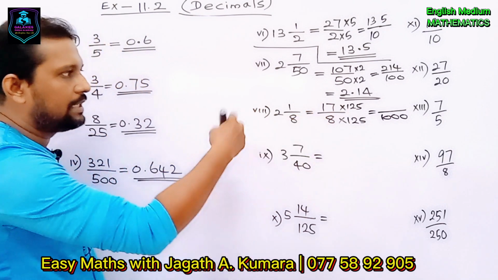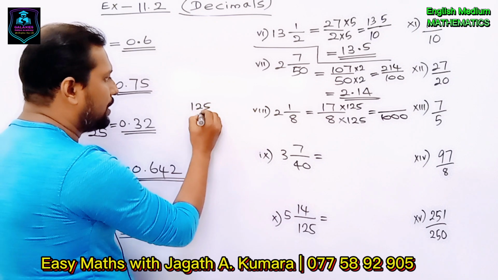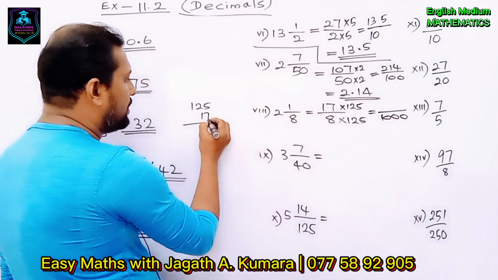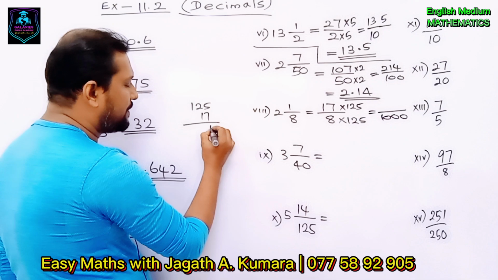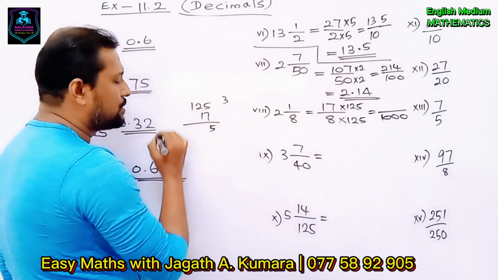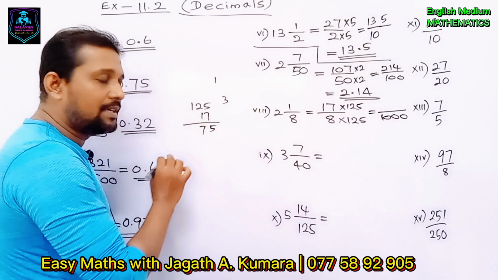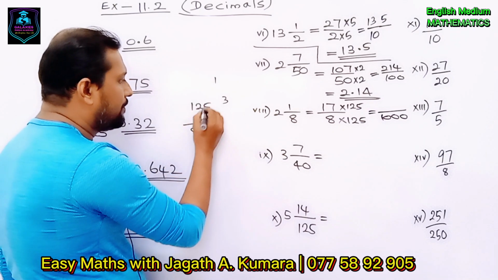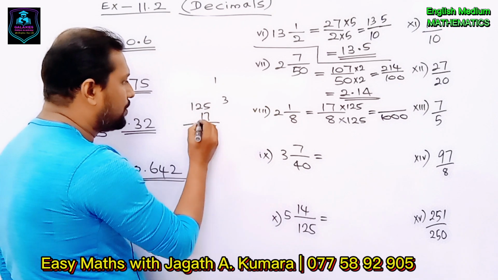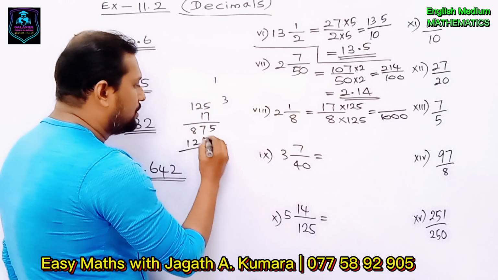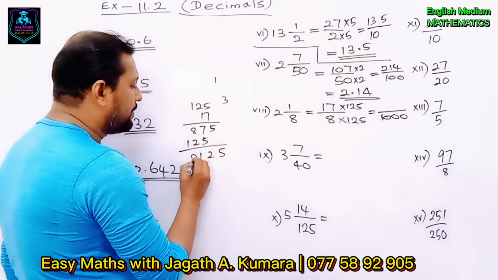Numerator 17 multiplied by 125. 125 multiplied by 7: 7 times 5, 35, remaining 3. 7 times 2, 14, plus 3, 17, remaining 1. 7 times 1, 7, 7 plus 1, 8. Then 1 times 5, 5, 1 times 2, 2, 1 times 1, 1. Adding gives 2125.